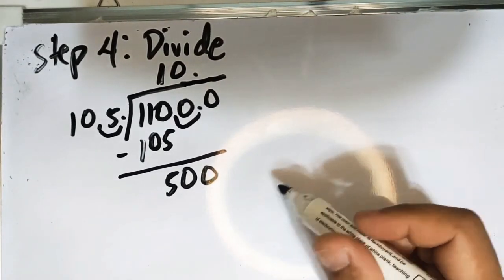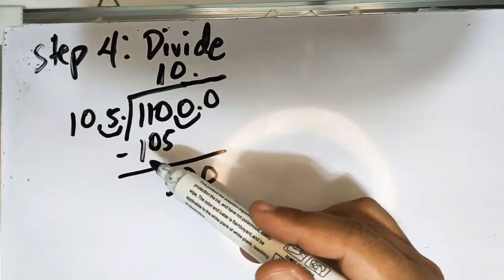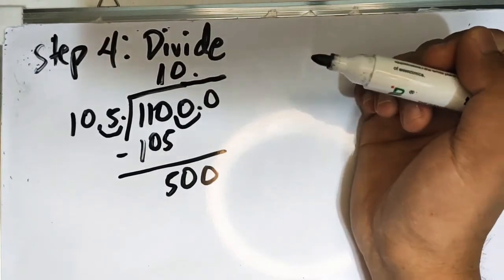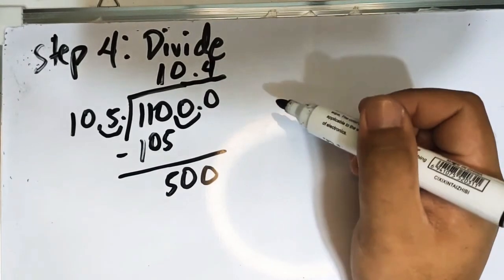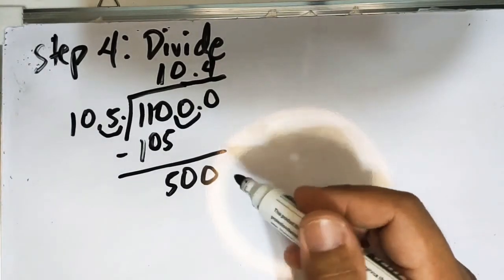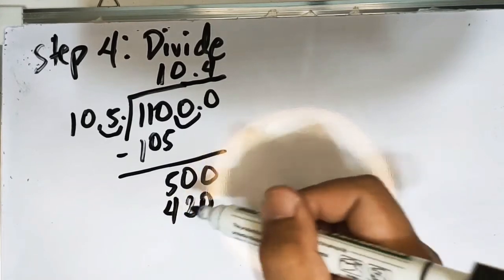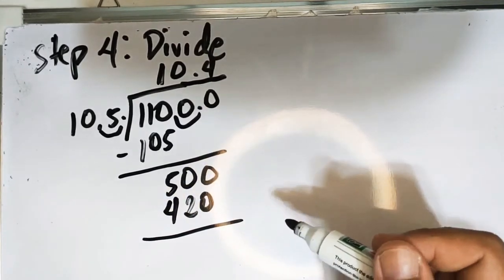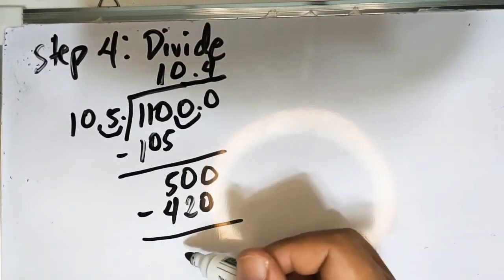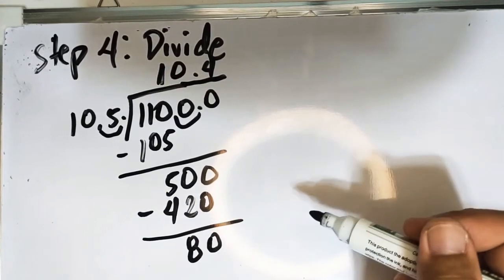Okay? So we now have 500. 500 divided by 105, we have 4. Okay? So 4 times 105 is equal to 420. So subtract, we have 80.